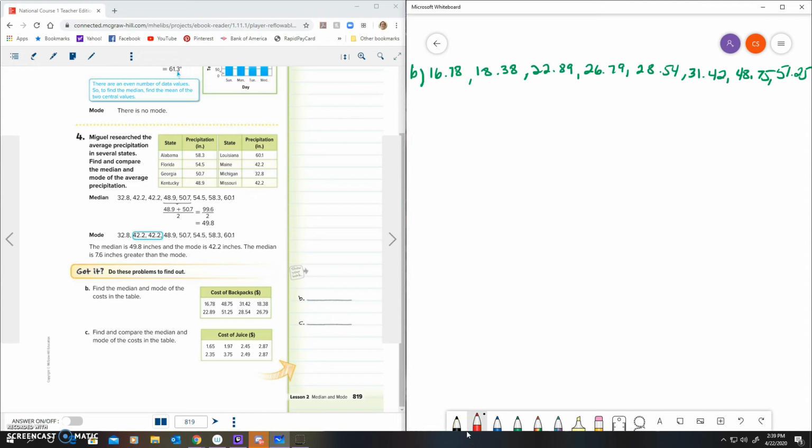So that we'll take the middle. So 1, 2, 3, 4. The middle is here. So we have to find out what's between these two numbers. So take 26.79 plus 28.54, and we're going to add that up. You should get 55.33, and we have to divide that by 2. 4, I'm sorry, that's right. That's what goes underneath.